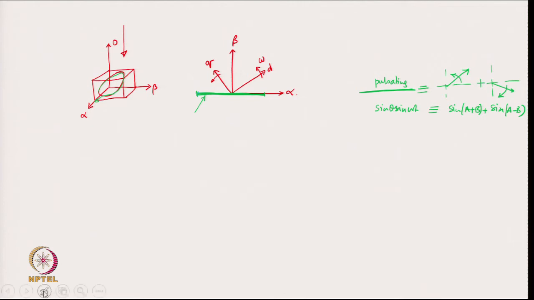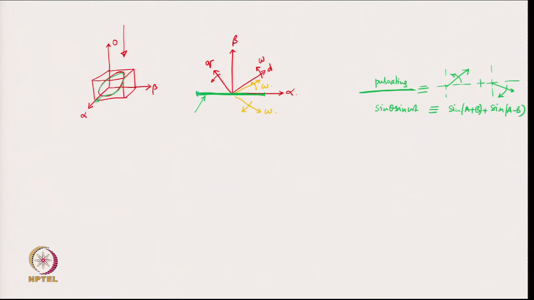One part is rotating clockwise with omega speed, and the other one is rotating anti-clockwise with omega speed. So, this green waveform which is oscillating is now split into two parts, the yellow ones, omega anti-clockwise and omega clockwise.